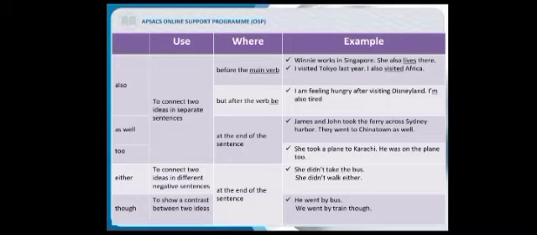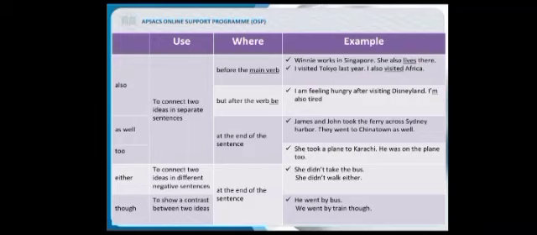Too. This also is used to connect two ideas in separate sentences and is used at the end of the sentence. For example, she took a plane to Karachi. He was on the plane too. So here we are saying that he was also present with her in the same place.